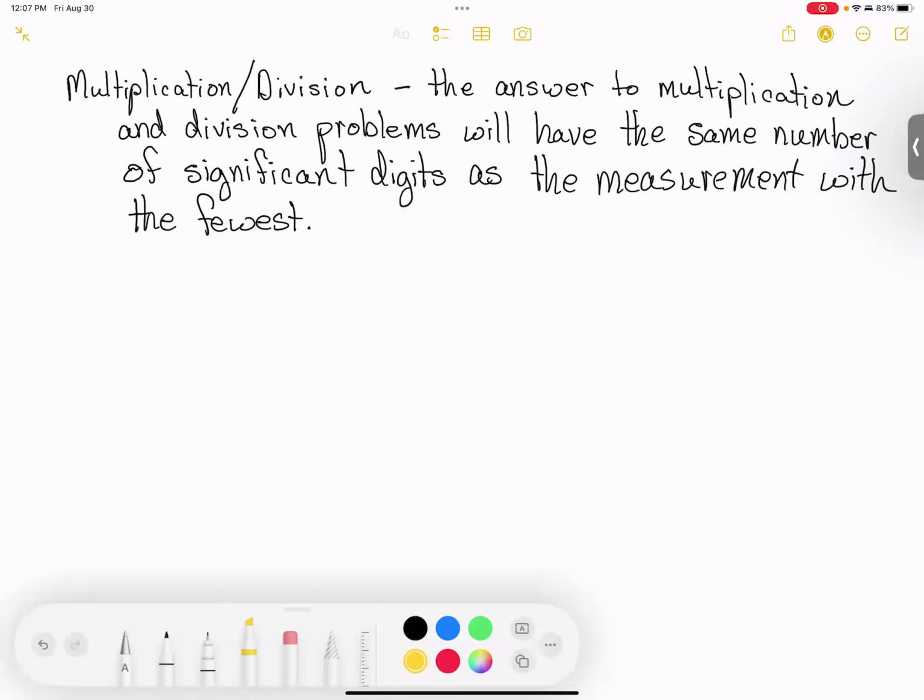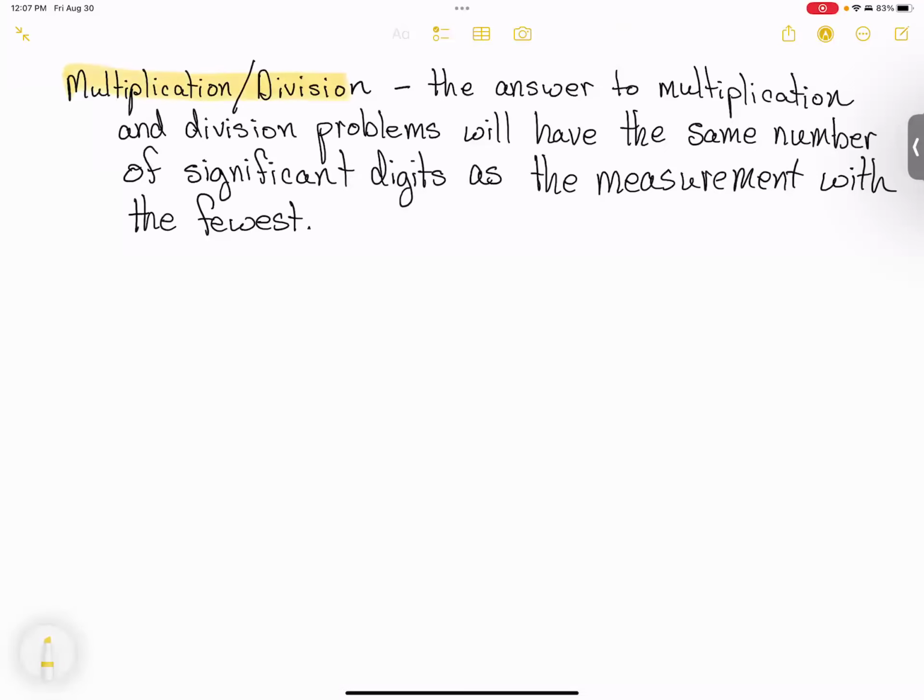The part I keep in mind with multiplication and division is same number of significant digits.